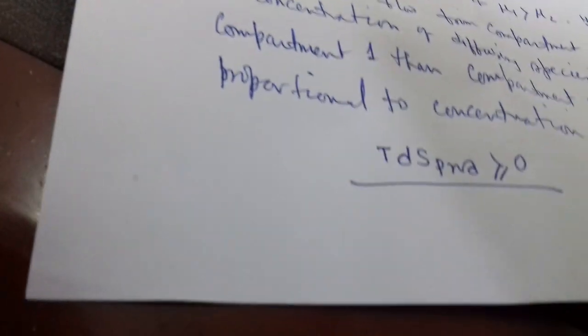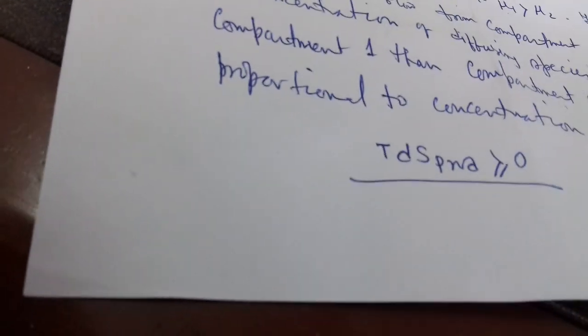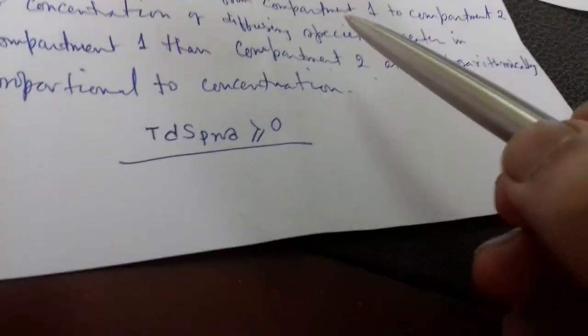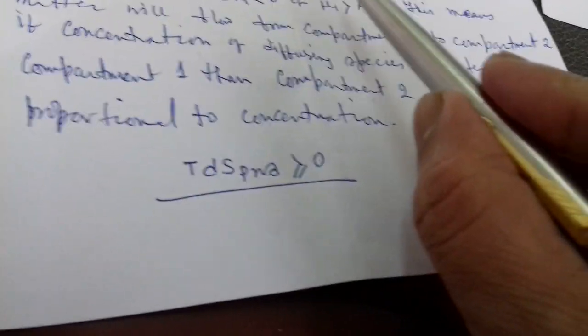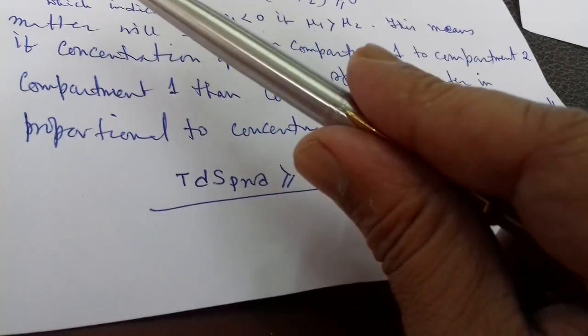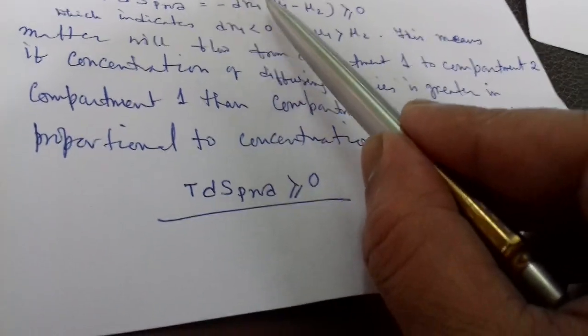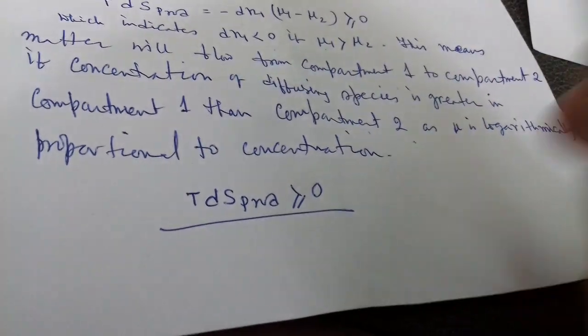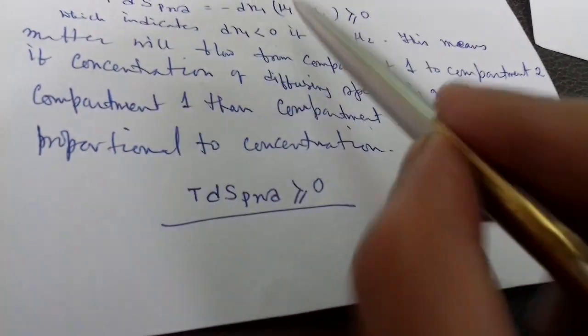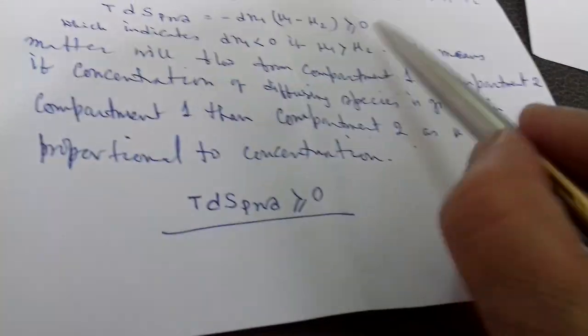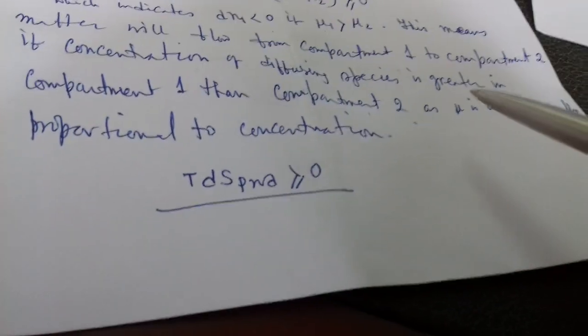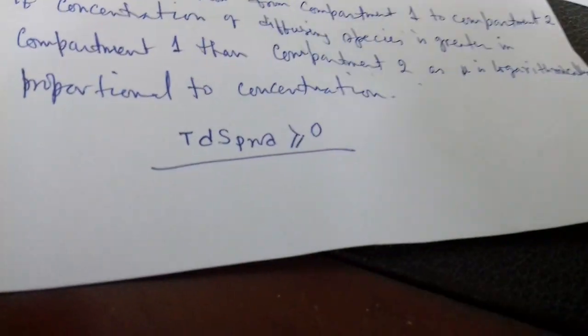So if the chemical potential in compartment 1 is higher than that in compartment 2, the material will flow from compartment 1 to compartment 2. As a result, dN1, the number of moles in compartment 1, will decrease and T dS prod will be greater than 0 for an irreversible process, and equal to 0 for a reversible process. On the other hand, the opposite will happen.